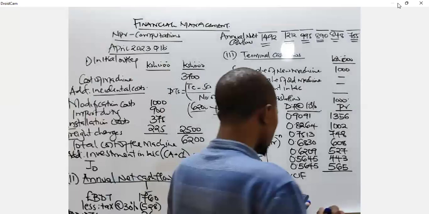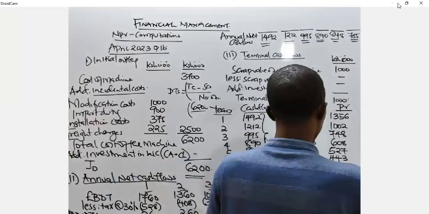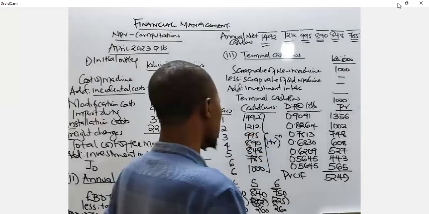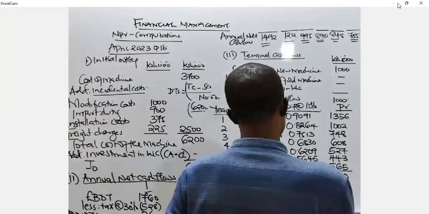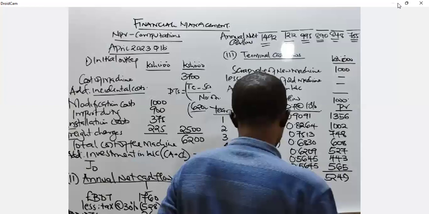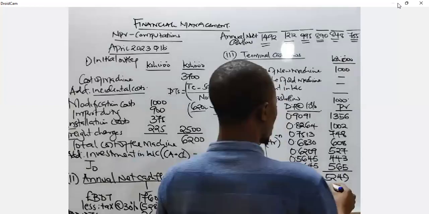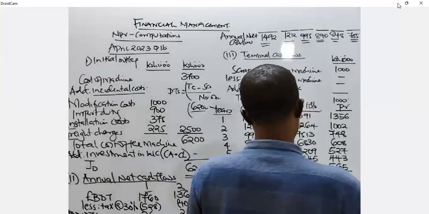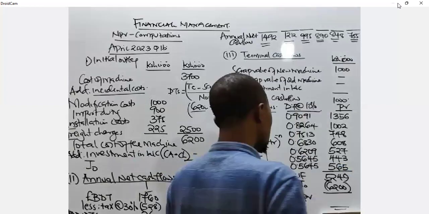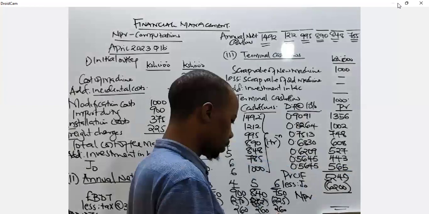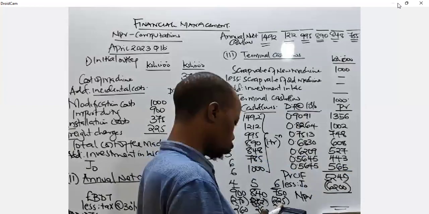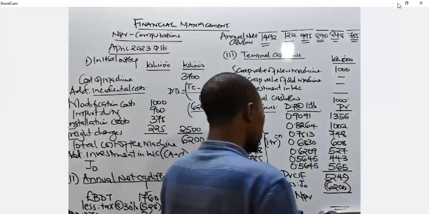We are getting 5249. Then we less our initial claim. How much is our initial claim? You know it is 6,200. How much is your NPV? So you subtract 6,200. We get 951 negative.